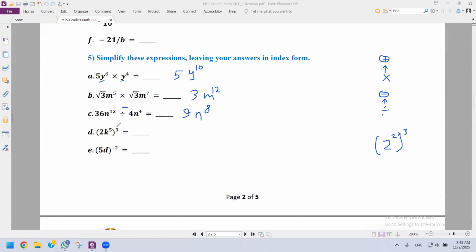Next, remember that one we said don't forget, this power 3 to k and 2. So first you do 2 power 3, which is 8, 2 times 2 times 2. And then k power 5 power 3. So I have two powers, I multiply them. 5 times 3 is 15.